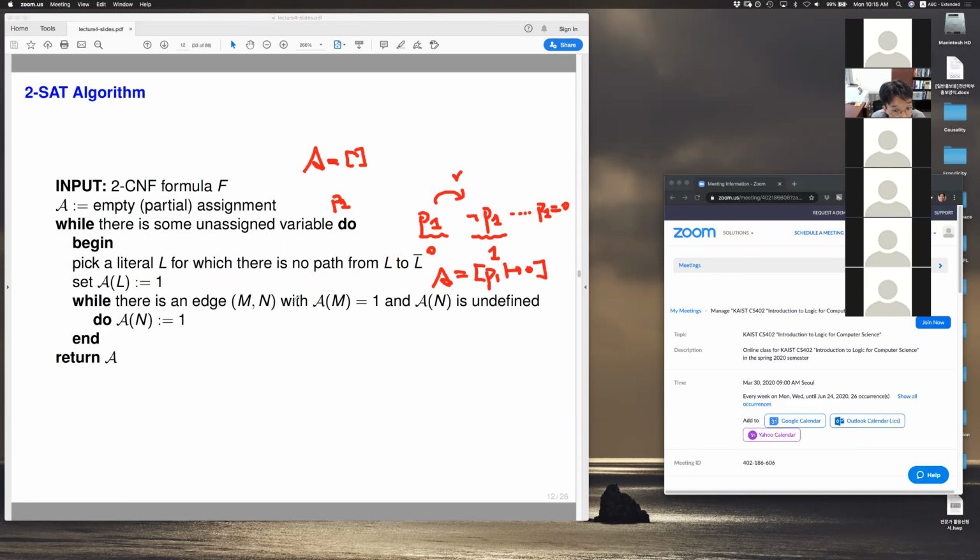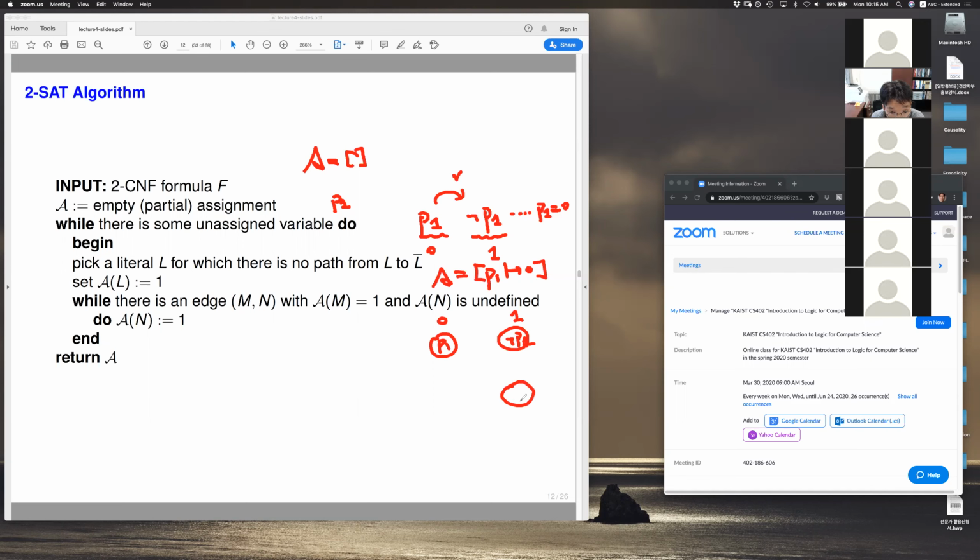Then we go to the inner loop, and now we look at the implication graph. By using A, we can label some vertices of this implication graph with value 0 or 1. For instance, our implication graph will have P1 and negation of P1. After this assignment, P1 will be assigned 0, and its negation will be assigned 1.